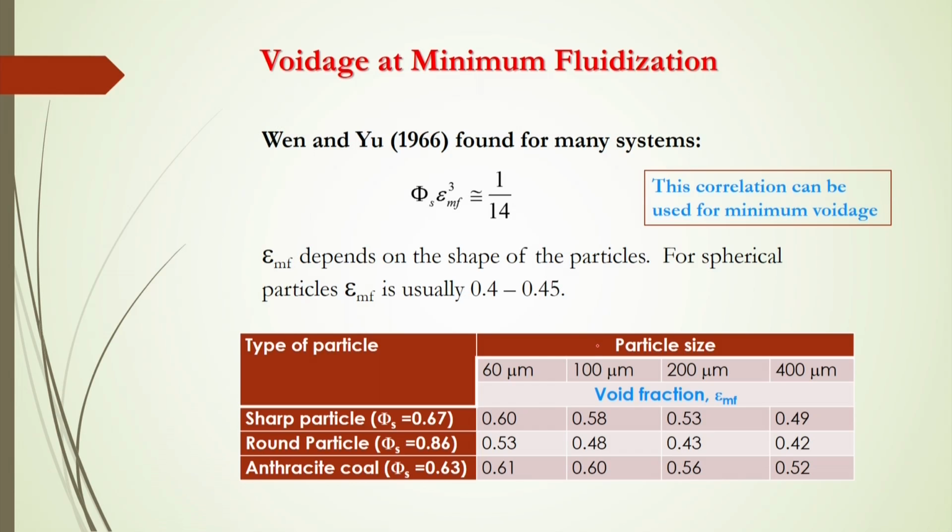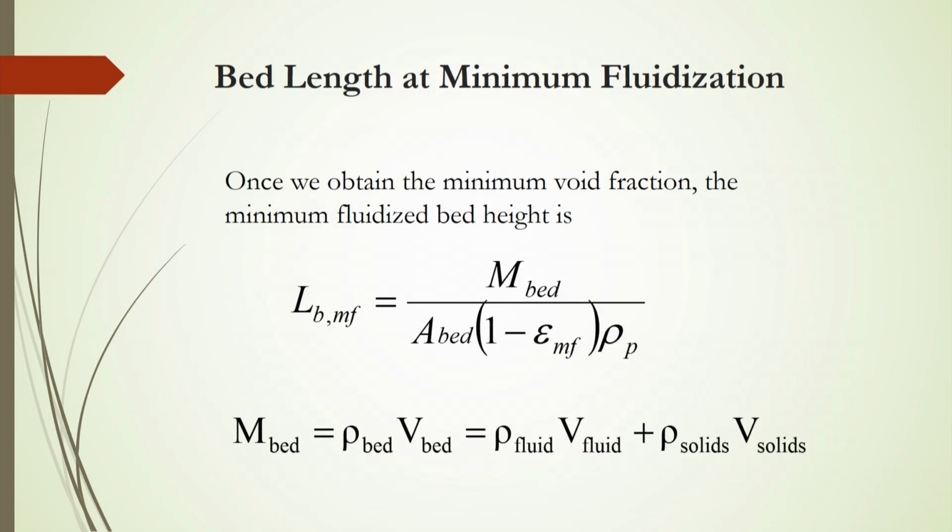If the particle is sharp, with a sphericity of 0.67, for a 60 micron particle the void fraction will be 0.60, whereas for anthracite coal of sphericity 0.63, you will get a void fraction of about 0.52 at 400 micrometer in size. So, this void fraction depends on the particle size and also its shape.